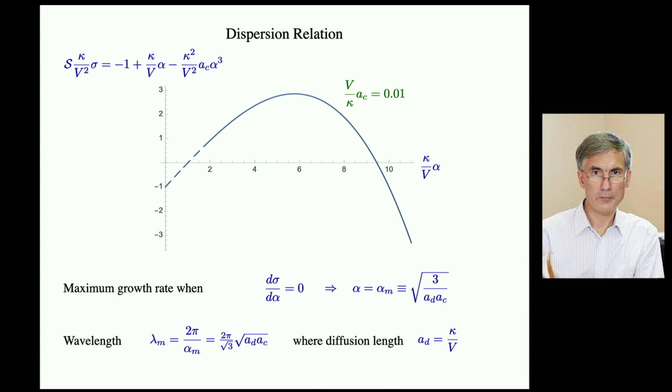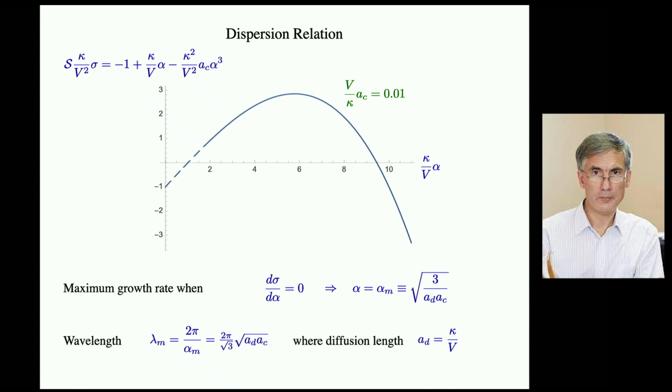The minus 1 here is a bit of an artifact of the fact that we've used a large wave number approximation. So the theory I've just shown you is not appropriate for small wave numbers. If you do the proper analysis, not assuming that the wave number is large, then this curve actually comes in quadratically to the origin.